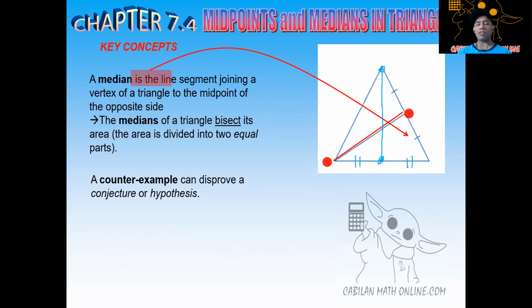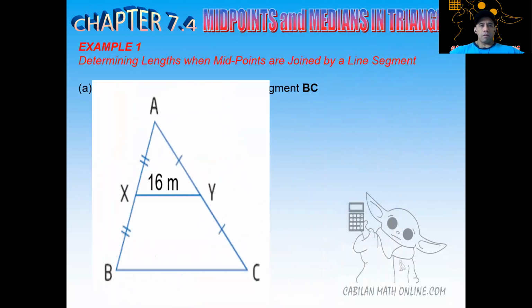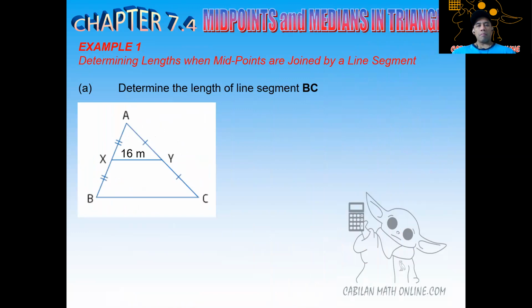All right, so let's get straight to it over here. And let's start off with the first example, okay, that deals with midpoints. So it says here, determine the length of a line segment BC, given that information that you see in this diagram over here. So as I said before, when you're looking at midpoints and they're joined by a line here, the relationship between the two parallel lines here, XY and BC, is just by a factor of 2.